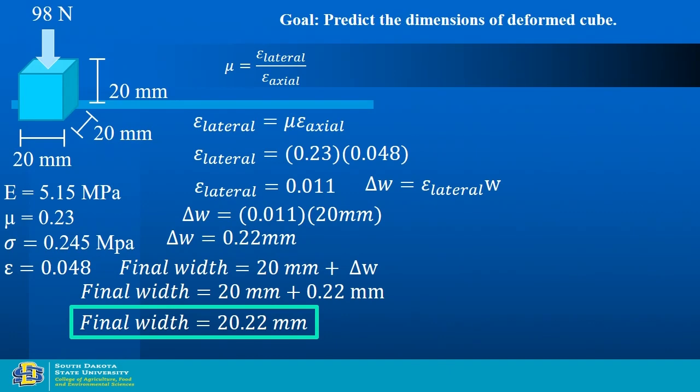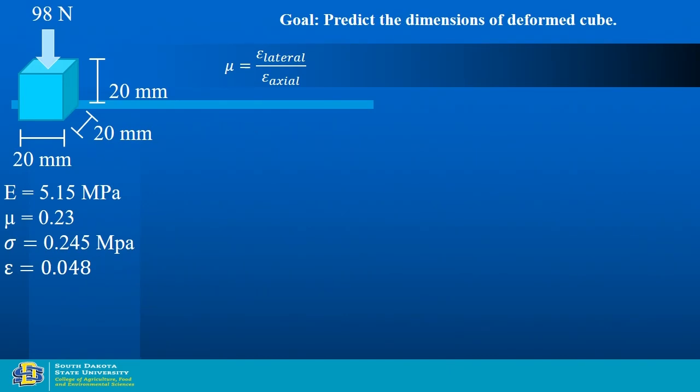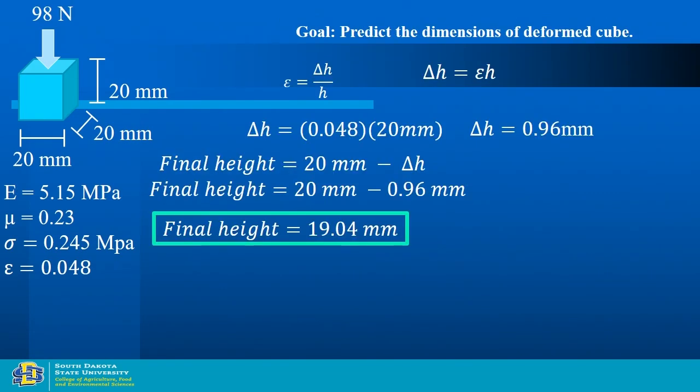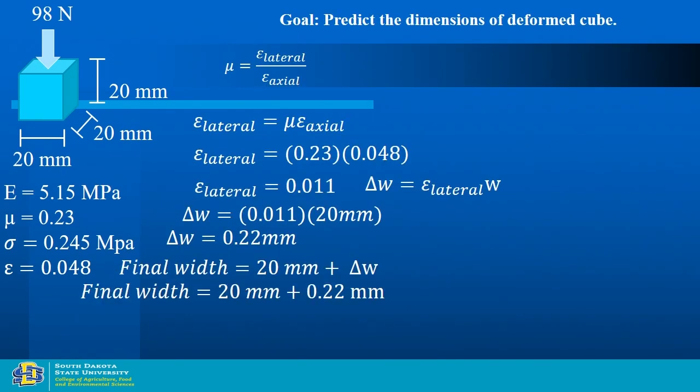So if you compare this data, there is a 0.2 millimeter increase in the other two directions, but a 0.96 millimeter decrease in the direction of the applied force, right? Here it is 0.22 increase.